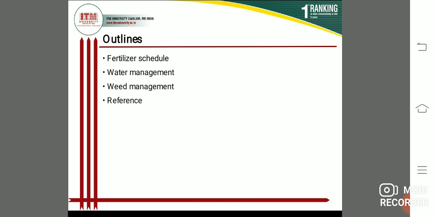For medium to adequate rainfall, 750 to 1150 mm, 80 kg nitrogen per hectare. For adequate rainfall above 1150 mm, 100 kg nitrogen per hectare, and for summer irrigated crops, 120 kg nitrogen per hectare.